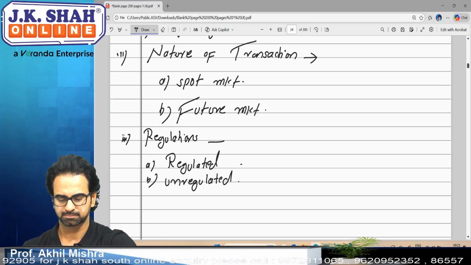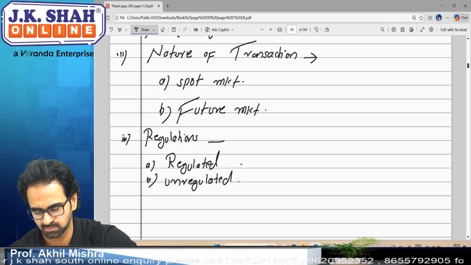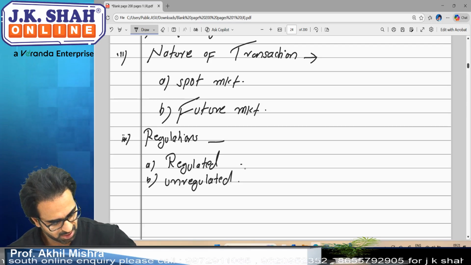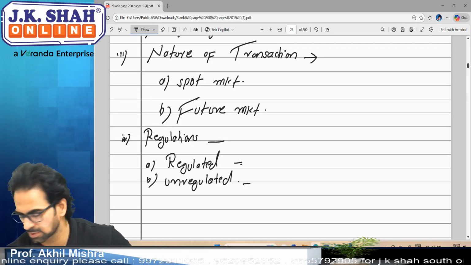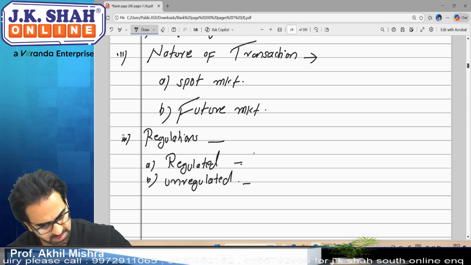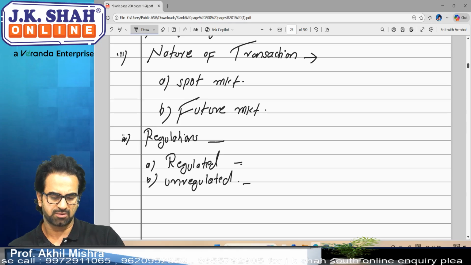Okay. Next is regulated and unregulated. Regulated means the activities of the market are being regulated, meaning controlled. By whom? The government.